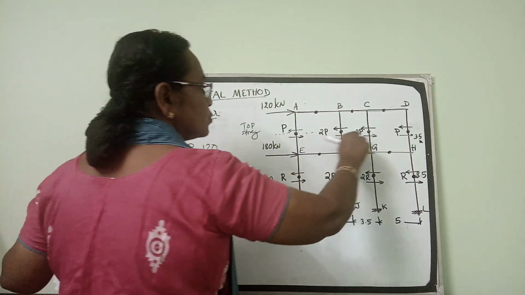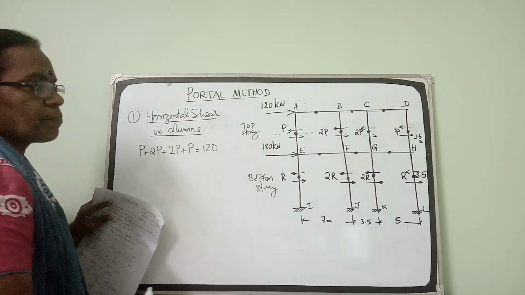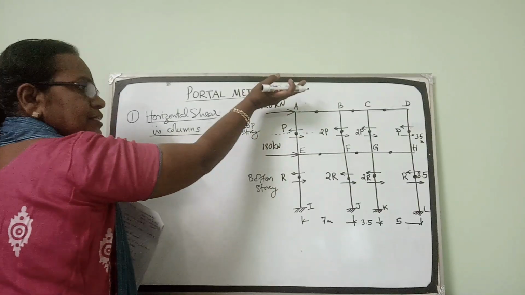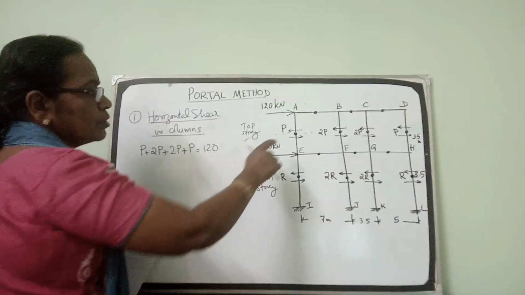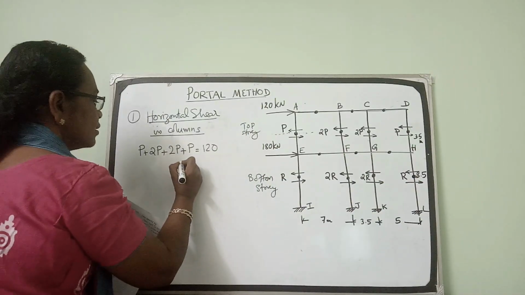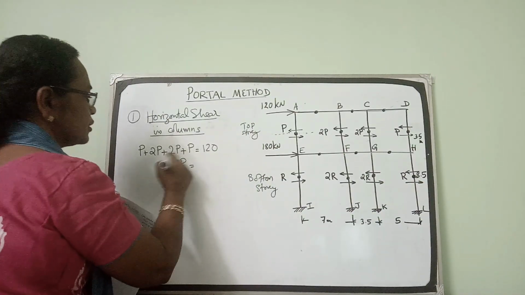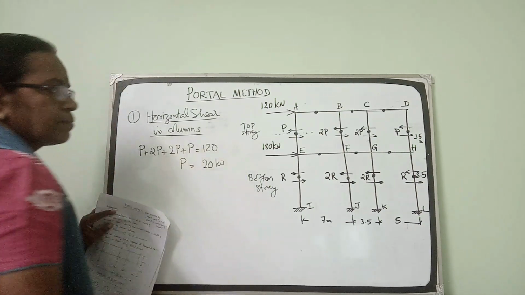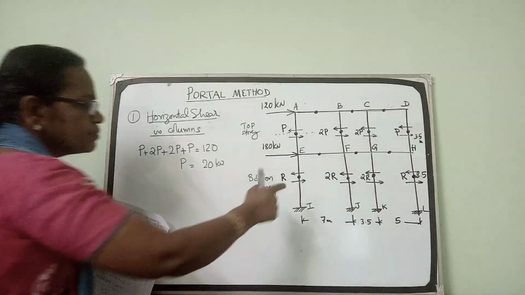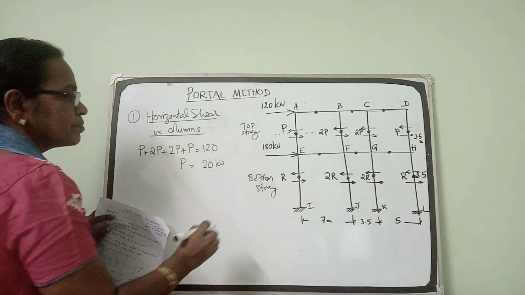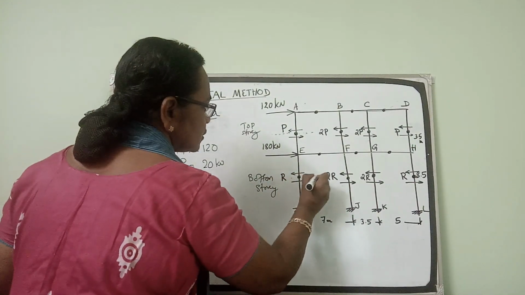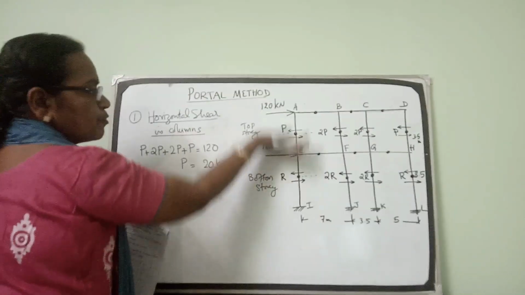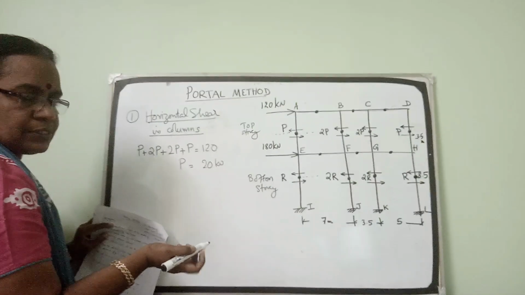So 6P is equal to 120, so P is equal to 20 kilonewton. Now coming to the bottom story, consider a section passing through the bottom story columns. Consider the horizontal forces above that line, sigma H is equal to 0.